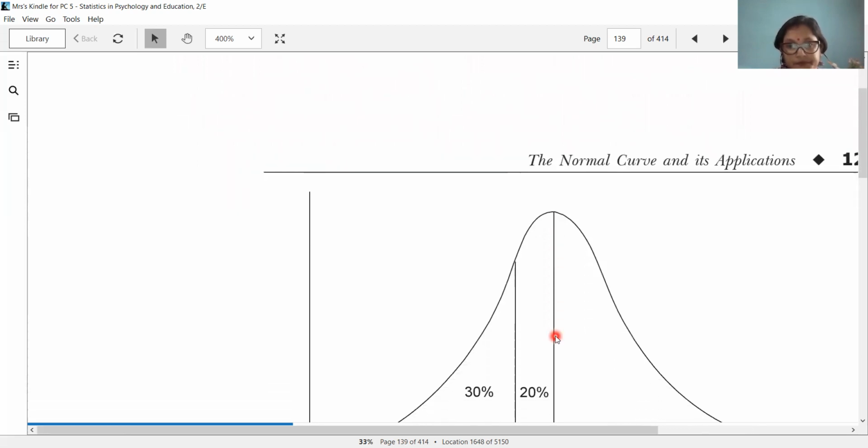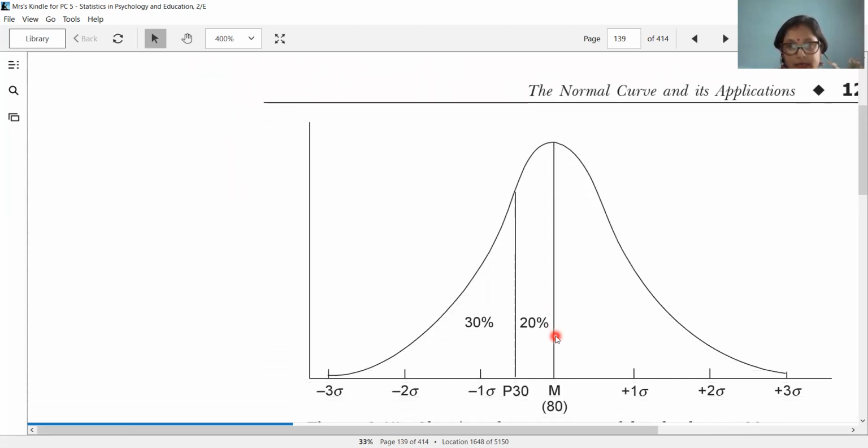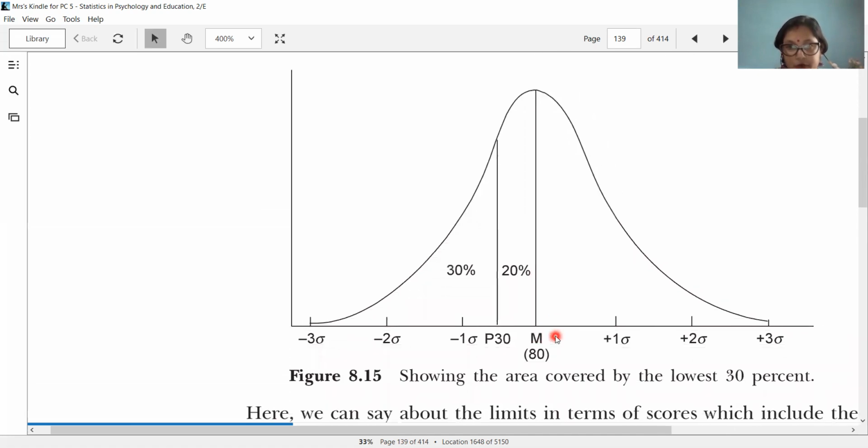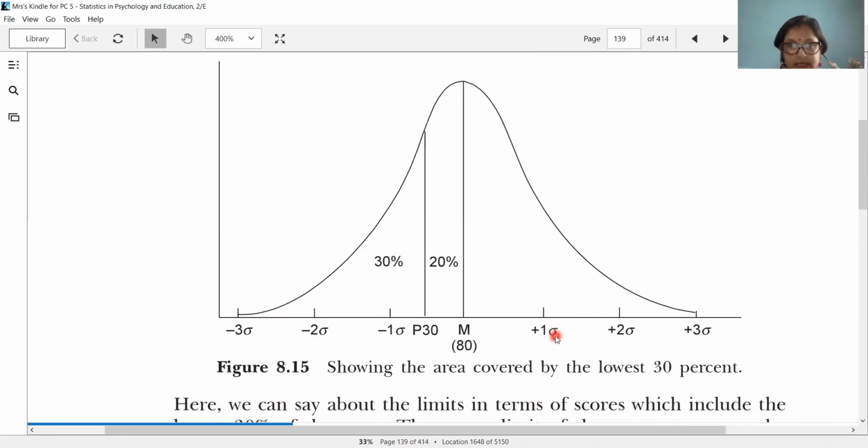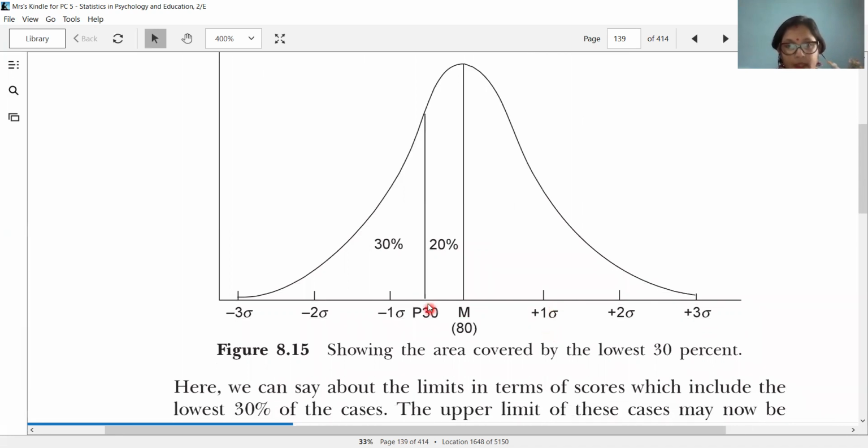Now please try to follow this graph as presented. According to the sum, we were supposed to find out the score point below which 30% of the cases lie.